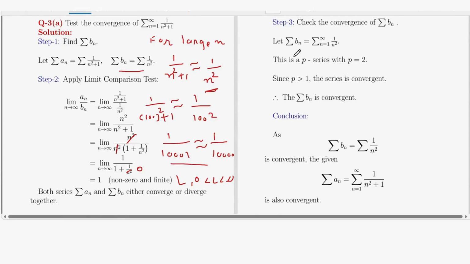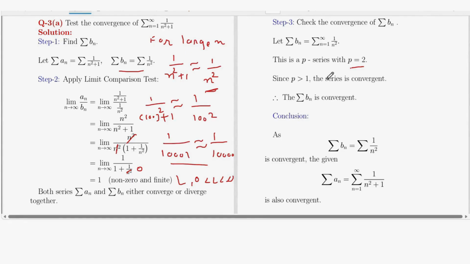So let series Bn be equal to summation of n is 1 to infinity 1 upon n square. Now what type of series is this? Okay, so this is a P series with p equal to 2. And as we discussed earlier, for p greater than 1, the series is convergent. So that's why the given series Bn is a convergent series.